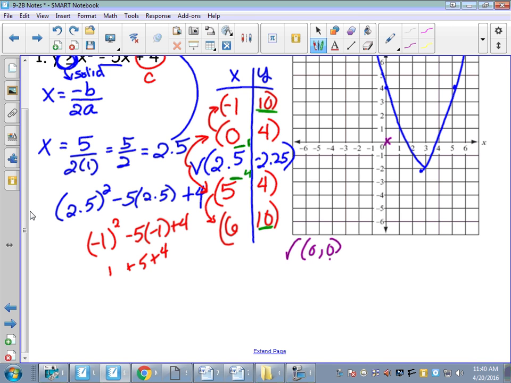Okay, so if I'm going to check 0, 0, I'm going to plug it in. It's nice when you use 0, 0, everything disappears.